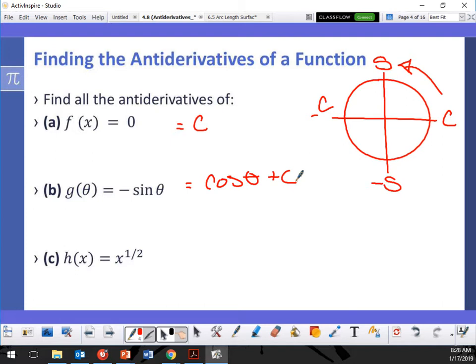Now here, I'm going to explain it in a different way. What would be the derivative of cosine theta plus 2? Negative sine theta plus 0, or negative sine theta, basically. So the derivative would be negative sine theta.